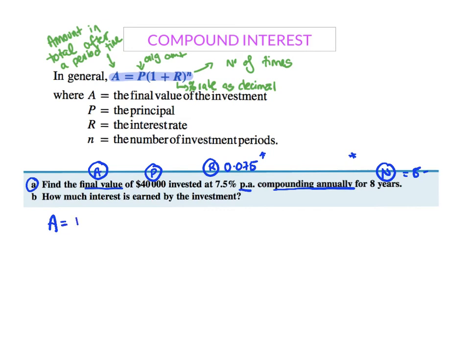I'm going to use the formula, which is P times (1 plus R) to the power of N. So I'm going to go the principal, which is 40,000, and then I'm going to times it, and I open up my brackets, and it'll be 1 plus the interest rate, which was 0.075, to the power of 8 years. So you'll need to do this on your calculators.